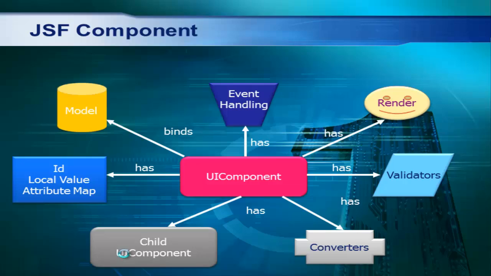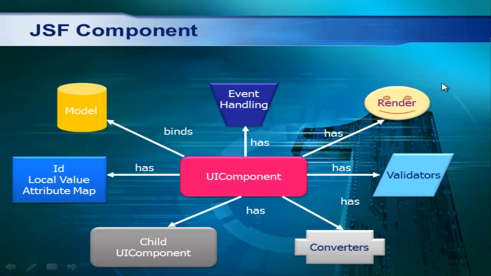One question can be asked in the examination: explain the different components of JSF, or explain the main parts of JSF. The center part of JSF is the UI component, the user interface component. It could be a button, text box, checkbox, radio button, or anything for that matter. This UI component has to be rendered into a different format.